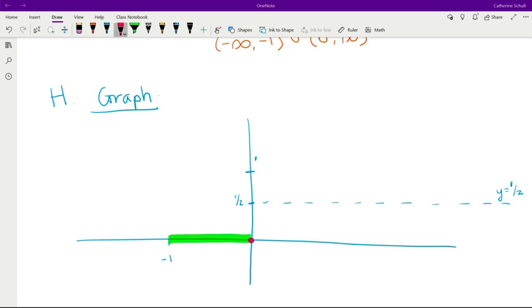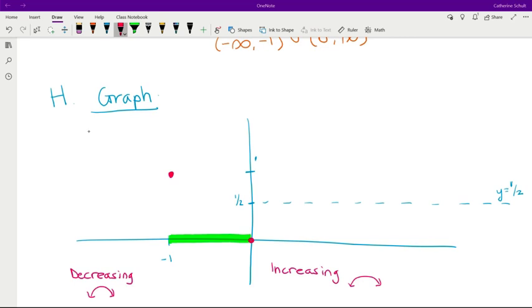We had the point -1, 1 on the graph. That's behaving as a local min. And some other things we know: from -infinity to -1, we're decreasing and concave down. And then 0 to infinity, we're increasing and again concave down. All right, so let's see then what that looks like.